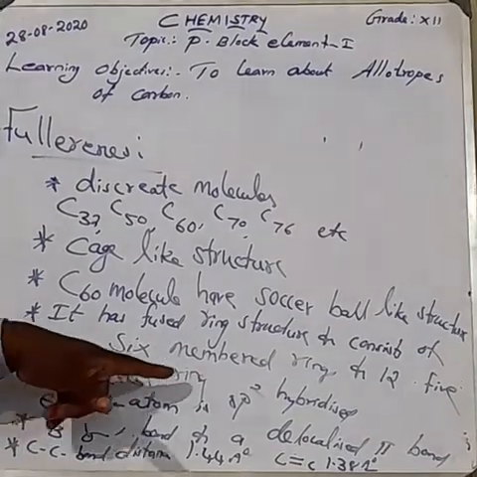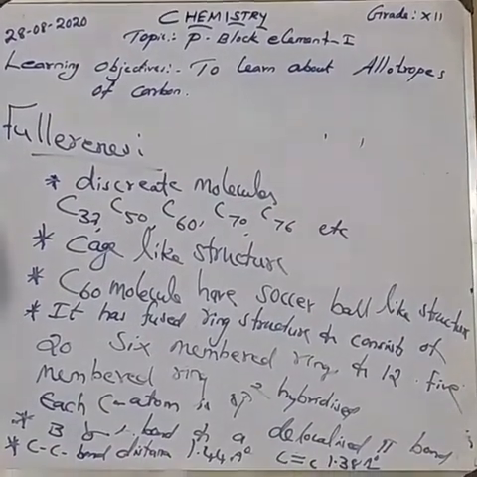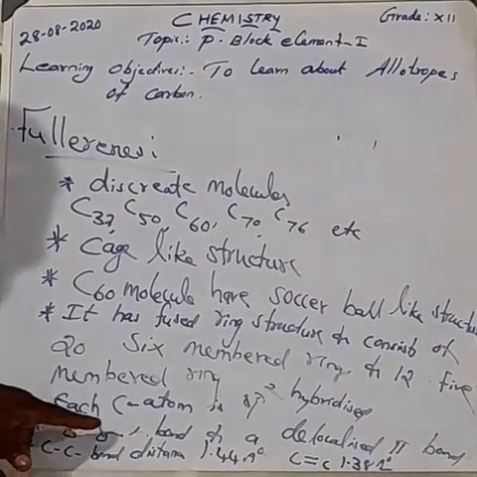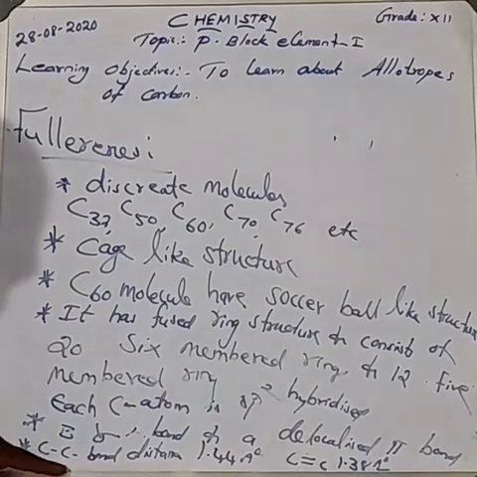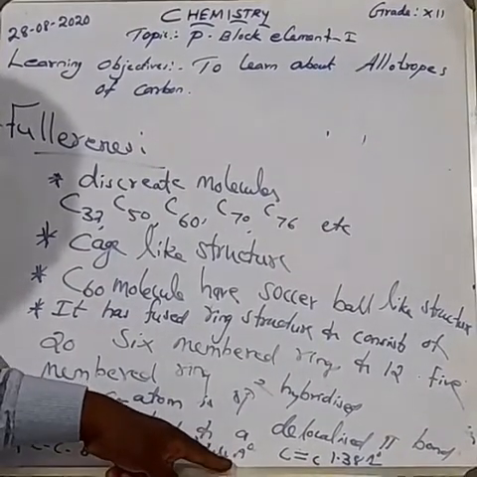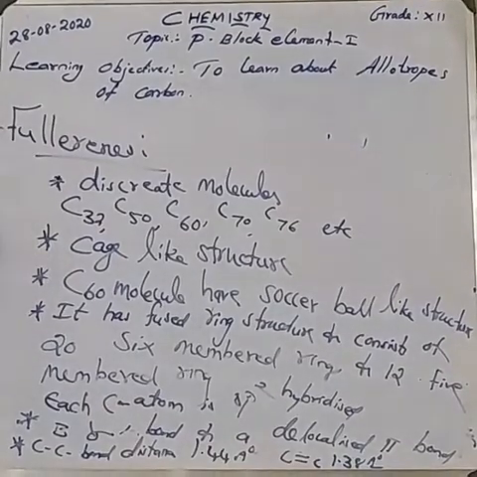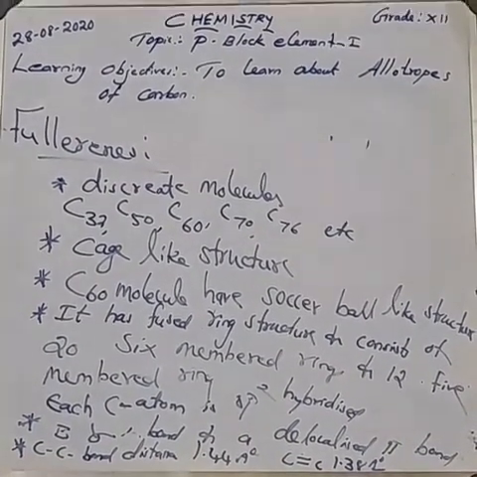Each carbon atom is sp2 hybridized, one word. It has 3 sigma bonds and a delocalized pi bond. Carbon-carbon bond distance, don't forget, 1.44 angstrom. Carbon-carbon double bond, 1.38 angstrom.